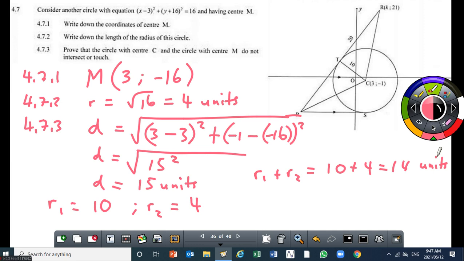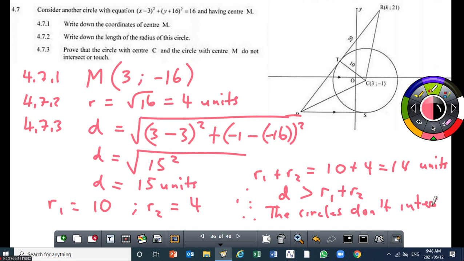Now, the conclusion there will be, since D is greater than the sum of the two radii, the two don't intersect. D is greater than R1 plus R2. Therefore, the circles don't intersect or touch.